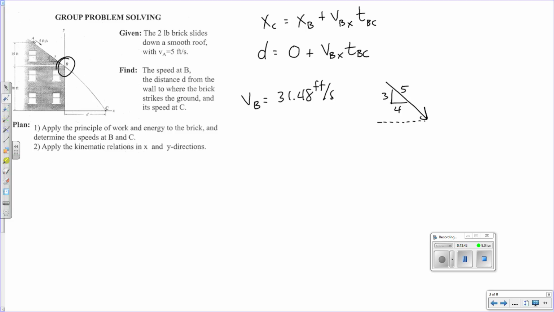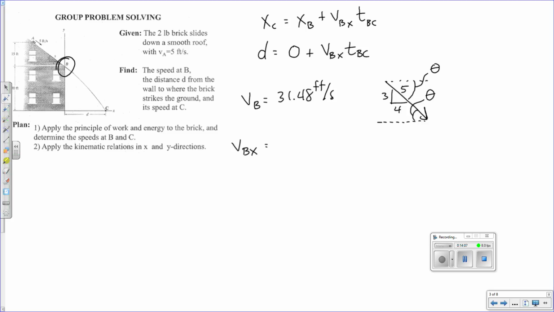When I see a 3-4-5 triangle like so, I choose to solve for this angle theta. Recognize that that's the same angle theta that exists here as well. So I don't know what VBX is immediately, but I can determine it from VB and that angle theta.